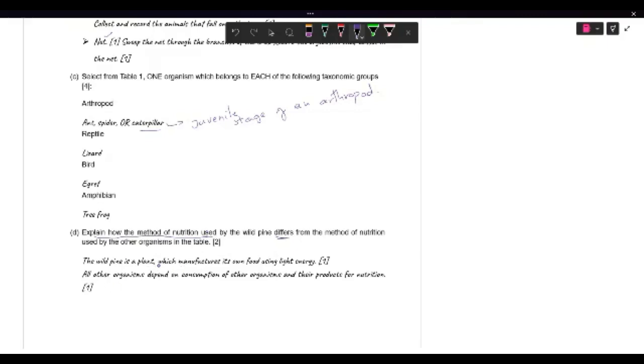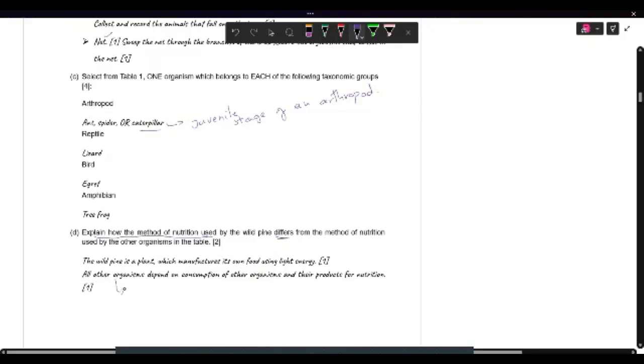The wild pine is a plant. And what does it do? It manufactures its own food using light energy. Whereas the other organisms, they depend on consumption of other organisms and their products. We could even mention that all the other organisms are animals and thus are consumers.